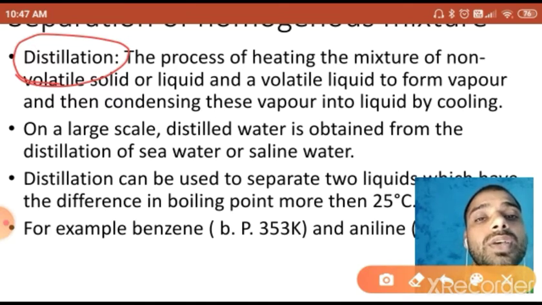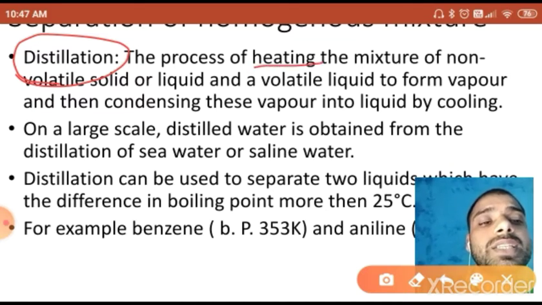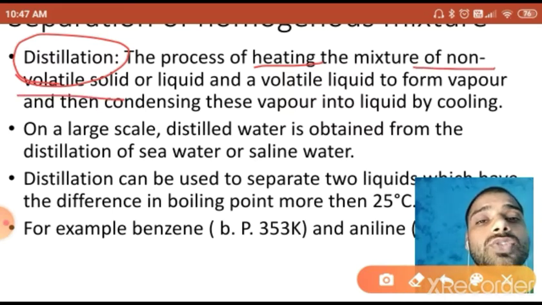One liquid will vaporize in less time, at a lower boiling point. You can see the definition given here, the process of heating. Heating is important. Every time in distillation we have to heat the instrument in which we are performing the distillation, heating the mixture of a non-volatile solid or liquid and a volatile liquid to form vapor.